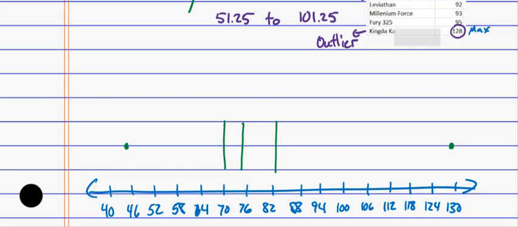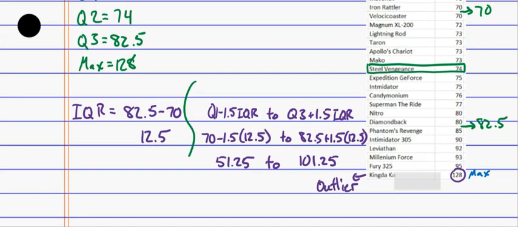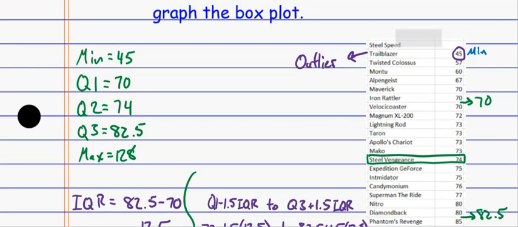Here's what we don't want to do. I can make that box, but I don't want to connect these, because I want to show that those are outliers. To show that, I want to leave those points separated from the rest of the data. So to draw the whiskers, I go to the next available data value instead of the minimum and maximum, since those were outliers.